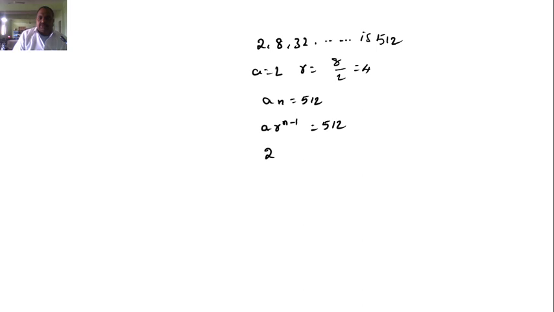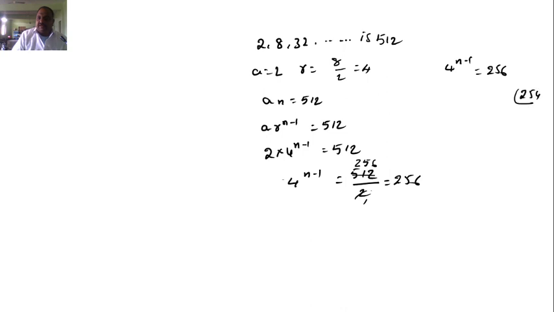A means 2, R means 4. 4 power n minus 1 is equal to 512 by 2, that is equal to 256. In the previous problem, I cancelled it by 2: 2 fours, 2 fives, 2 sixes. 4 power n minus 1 is equal to 256.